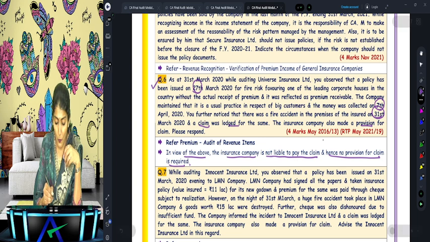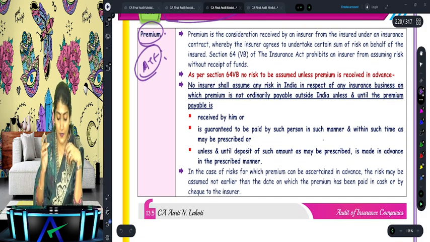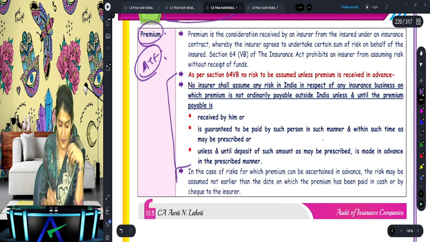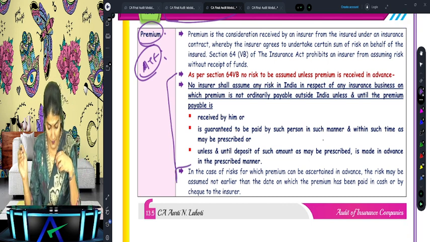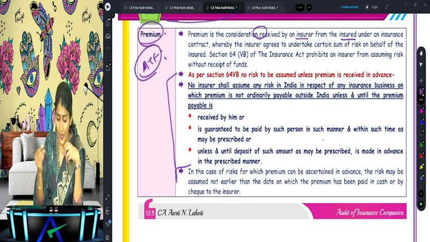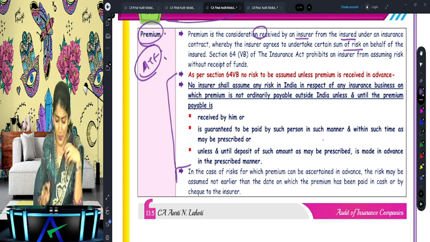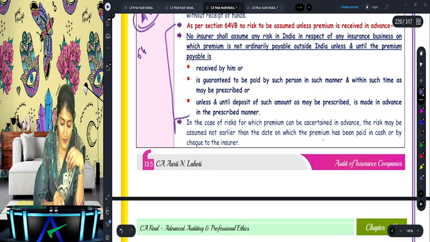Whenever this question comes in your exam, this is the theory you need to write in your answer. What is premium? It is the consideration received by an insurer from the insured under an insurance contract to take some risk on behalf of the insured. That is the definition of premium. Then very important is section 64(5)(b) of the Insurance Act.